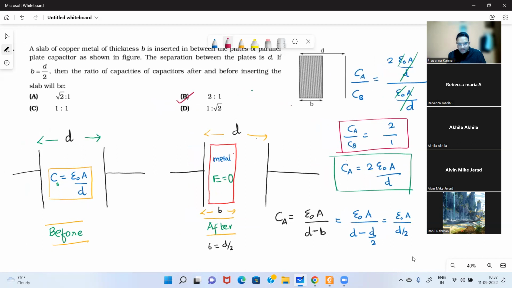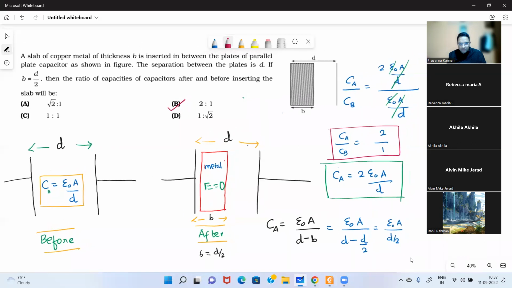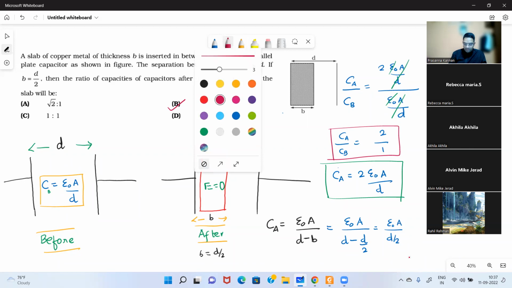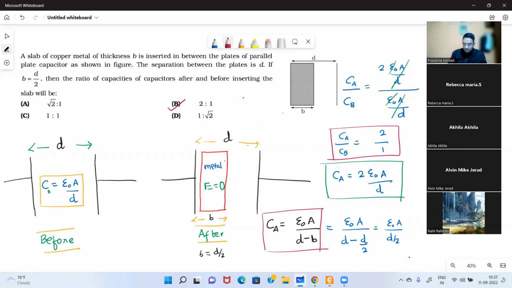Okay. So one of you can explain. Go ahead. Anybody? Sir, can you explain again? Okay. So you have a parallel plate capacitor. What is the capacitance of parallel plate capacitor? Tell me, Rebecca. Epsilon naught into A by D, sir. Yes, epsilon naught A by D, correct.